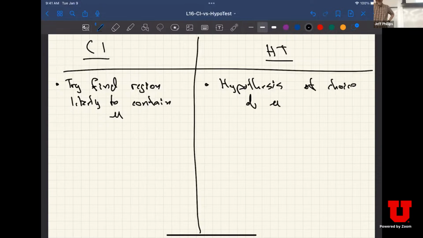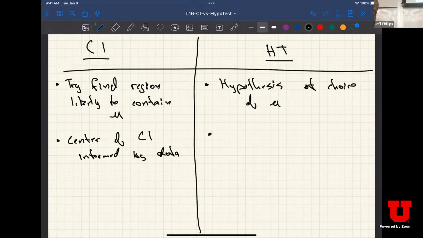Okay, the center of the confidence interval is informed by data.